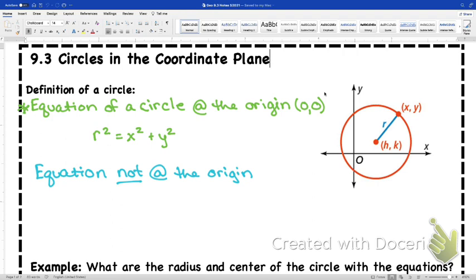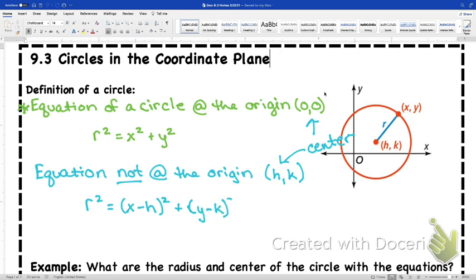So it is at some h and k. Okay. And this right here, it's not hard at all. This is called the center of the circle, isn't it? I would say so. Okay. So that's the center also. Is r squared equals x minus h quantity squared plus y minus k quantity squared.